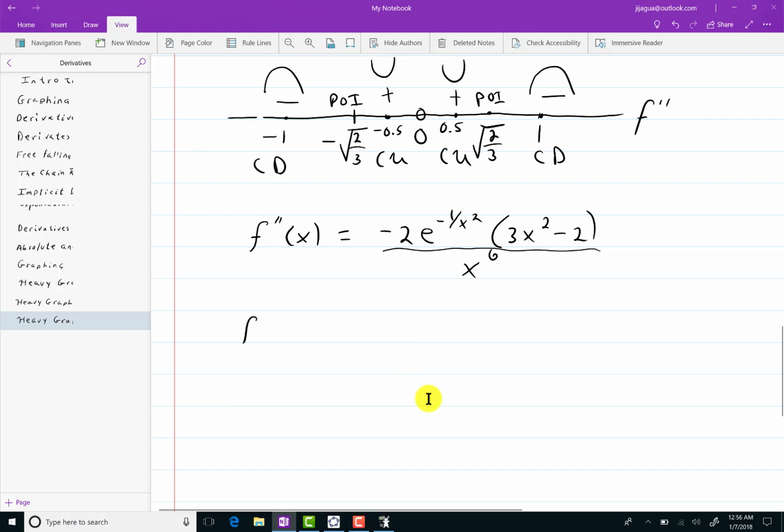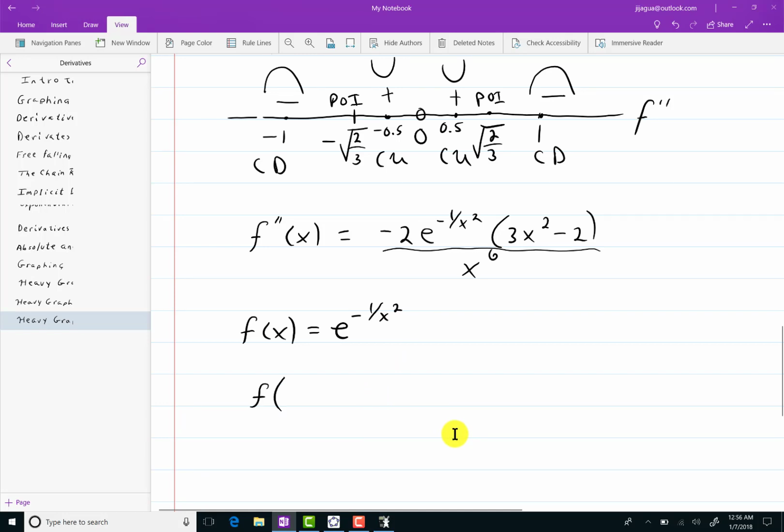So remember, f of x equals e to the -1 over x squared. By the way, this is an even function, which means if I plug the negative or positive version of radical 2/3 in, I'm going to get the same answer for either one of them. So we'll just do the positive one.